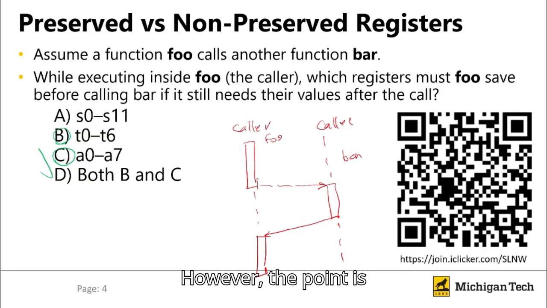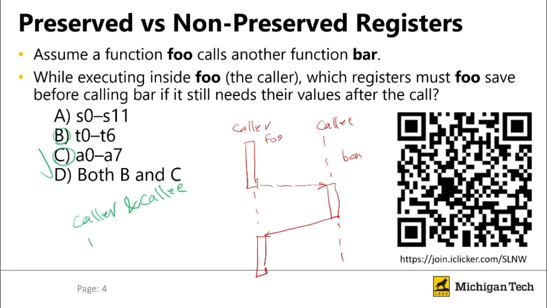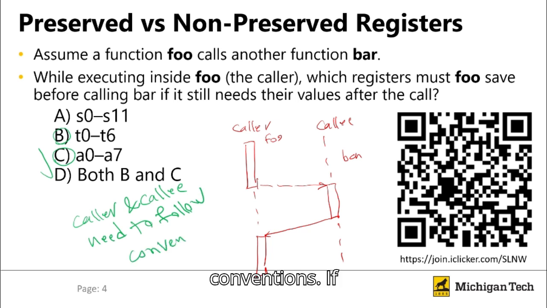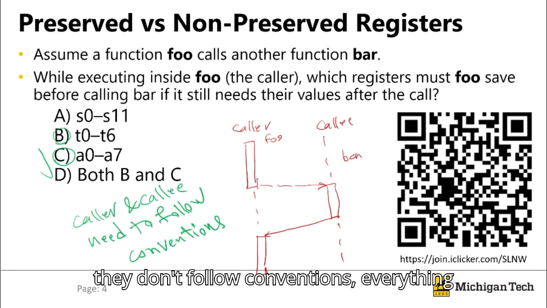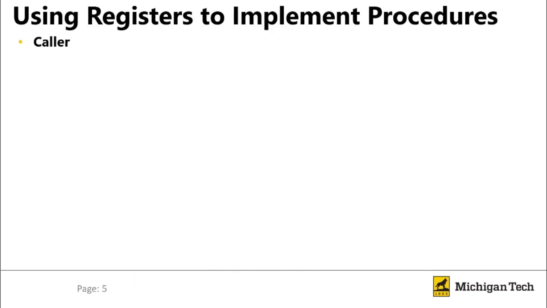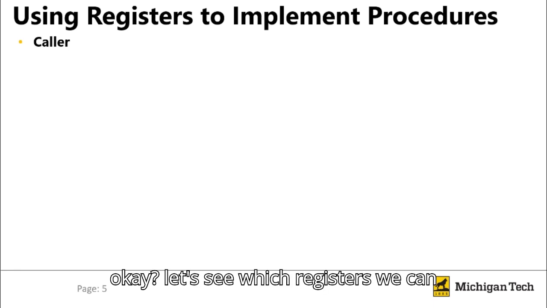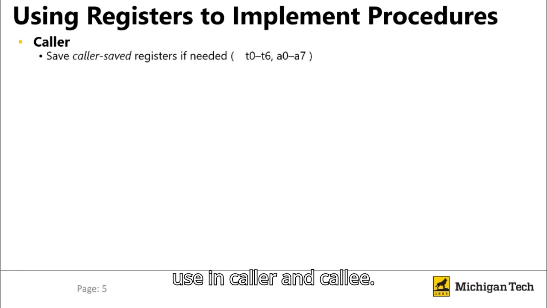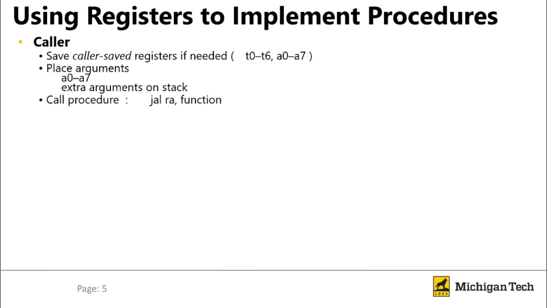However, the point is caller and callee need to follow conventions. If they don't follow conventions, everything is going to get problems, okay? Let's see which registers we can use in caller and callee.